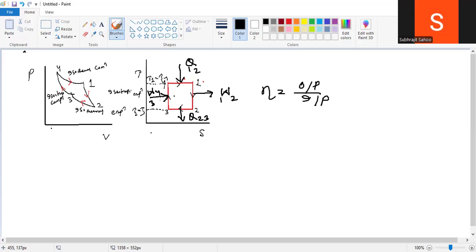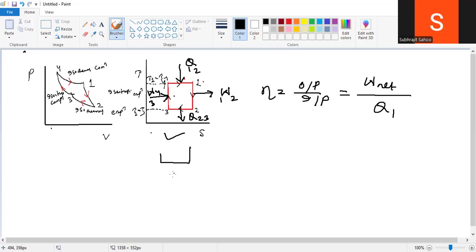Sir, what is the efficiency? Output by input. Observe this diagram. What is the output? W net is the output, divided by input, which is Q1. Suppose I convert this total diagram to a single diagram.